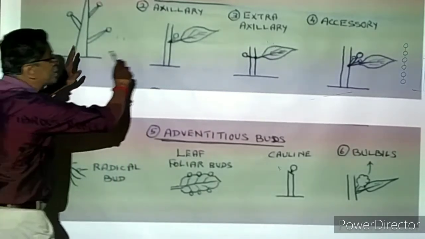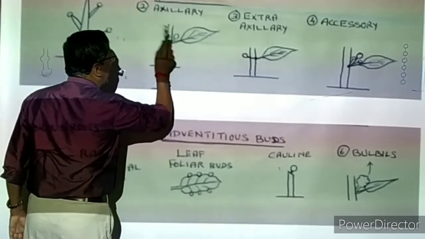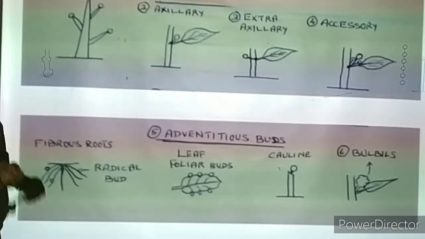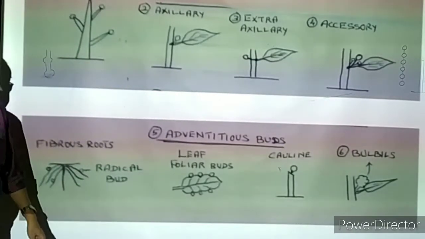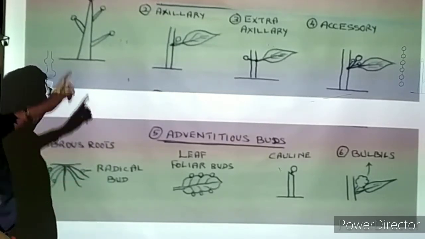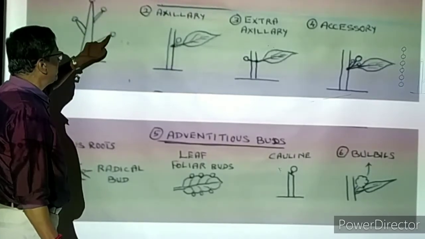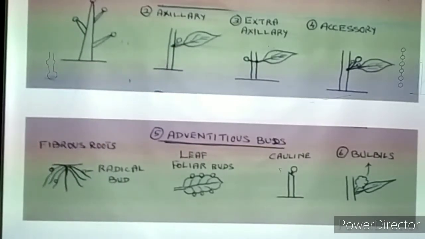But other than these 2 areas, not at the tip of the stem and branches, not at the angle of the leaf, anywhere else, if buds are present, they are called the adventitious buds. Adventitious buds are the buds which are found anywhere in the plant except the terminal region of the stem and the axil of the leaf. Except the 2 places, in other places we can find them.